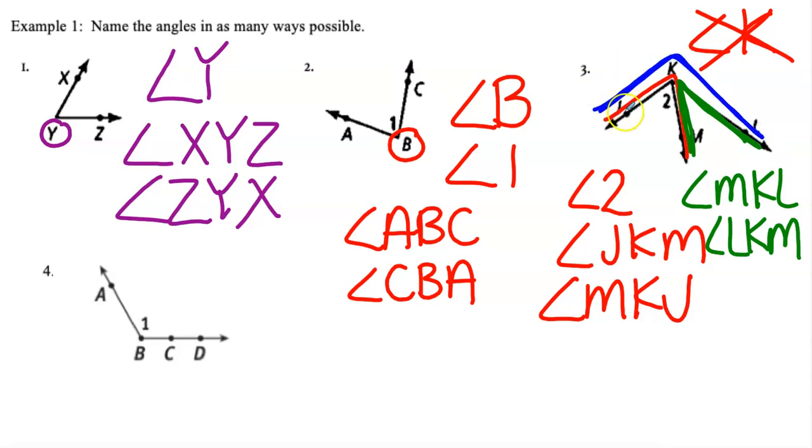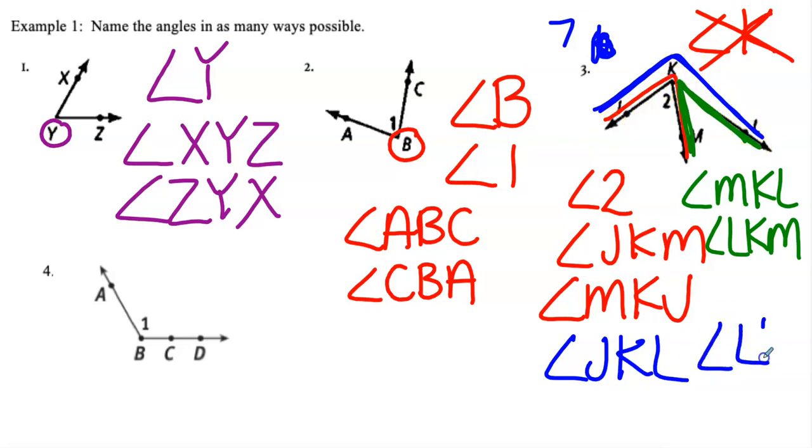So my blue angle is J, K, L. And that is the only way to name the big angle. So there's a total of 1, 2, 3, 4, 5, 6 names for this angle. Okay? Just kidding. There are 7 ways, because for this big one, I can say J, K, L, and reverse, L, K, J. So there are 7 ways to name all of these angles.